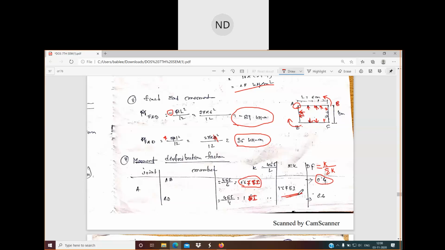And 1 divided by 1.67 gives the distribution factor for member AD to be 0.6. So we have calculated the distribution factors for the point.